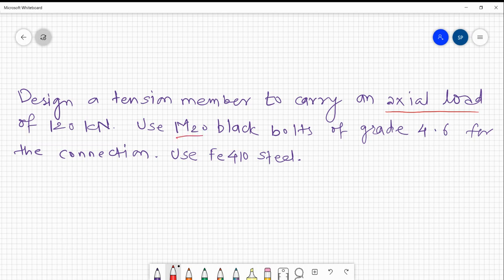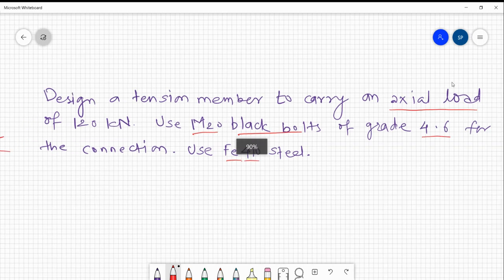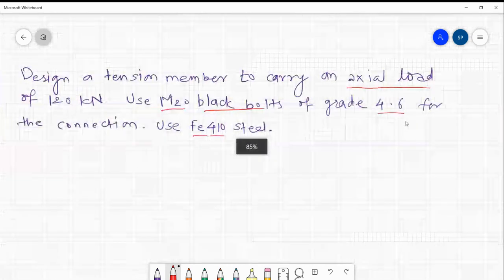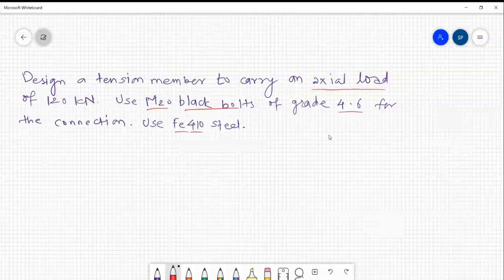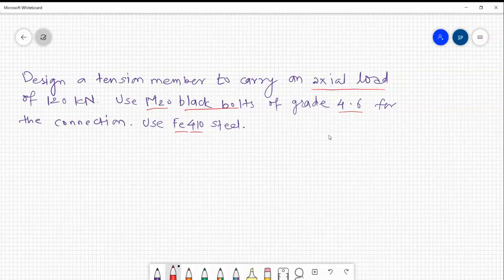Use M20 black bolts of grade 4.6 for the connection and use Fe410 steel. So we are going to design a tension member using single angle. So we'll be using single angle section.